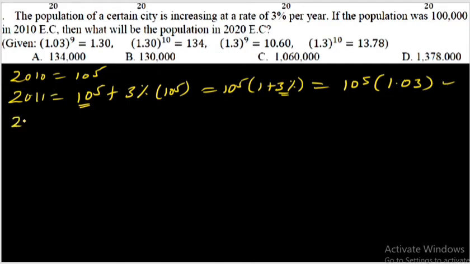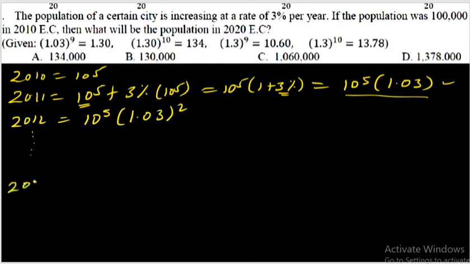What about 2012? 2012, again this population plus 3% of itself. So what will happen when you calculate it? 10 to the power of 5 times 1.03 the whole to the power of 2, it will be 2012. So in 2020, we can consider this one as G1, because it's geometric, this one as G2.